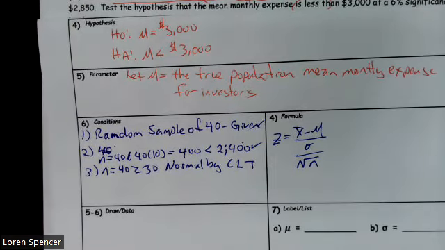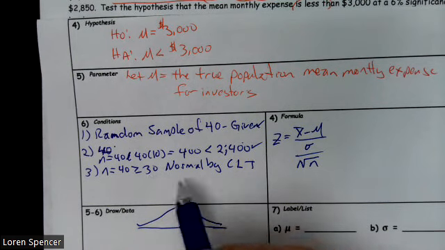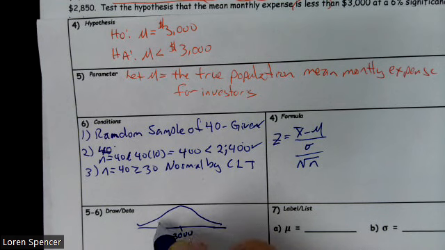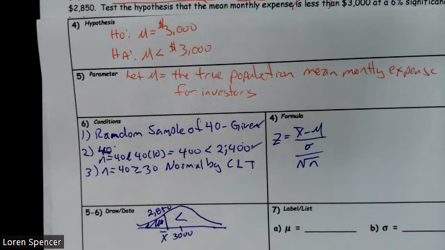We need to draw a picture of this. Remember, we're always centered on the claim. And our claim is that it was 3,000. But our X bar was 2,850. They wanted to know if it was less than, so that's the way we're shading. So we might as well circle this.